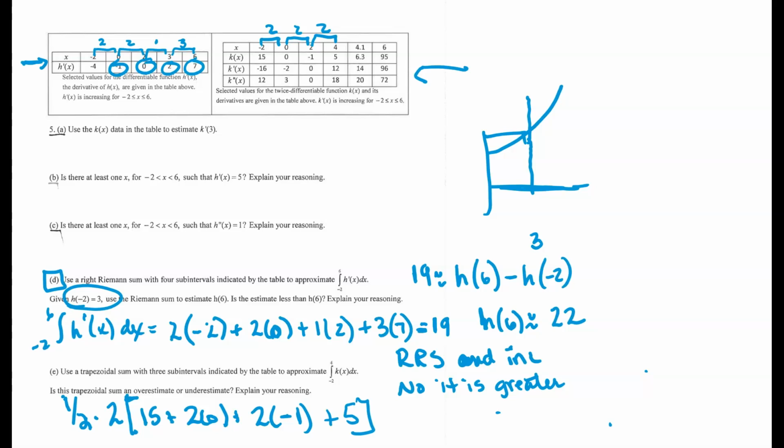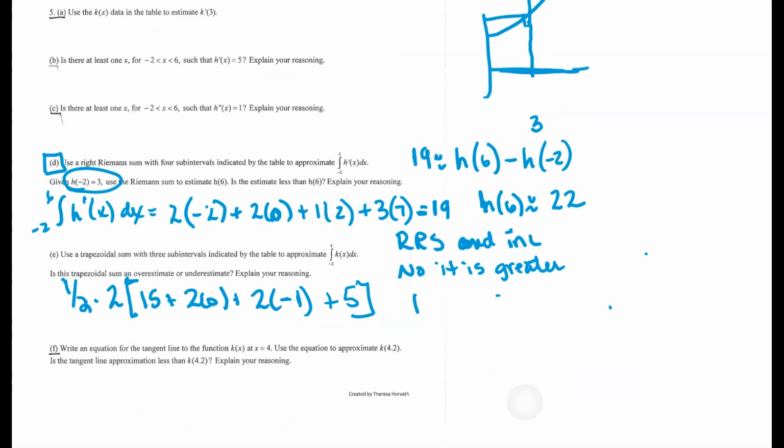Is it an overestimate or underestimate? This time we're not going to look at the first derivative, but we're going to look at the second derivative. We're going to talk about concavity. And let's see what we can find out here. If k prime is increasing, that implies that k double prime is greater than 0.